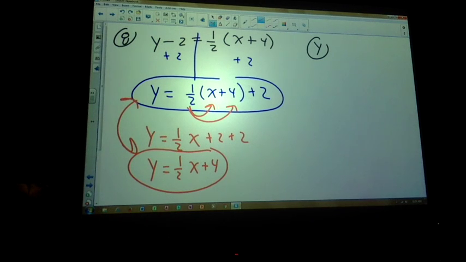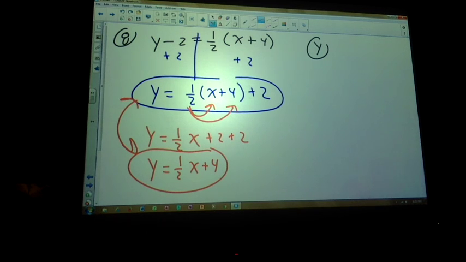Where did you want to stop? I don't know. It just said to solve for y, which means you're isolating y. So should you go a little bit further? If that was a multiple choice question, I'd have the red answer only. I would not have the blue answer. But on the written portion, if you had either of those answers, I'm going to give you credit for it.